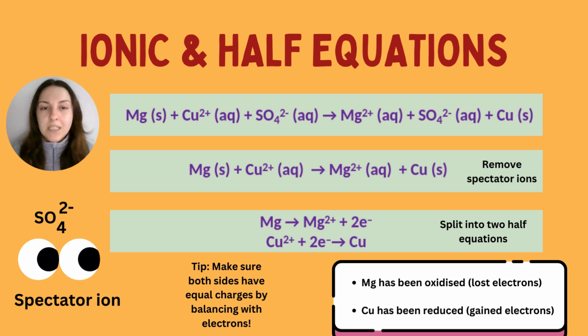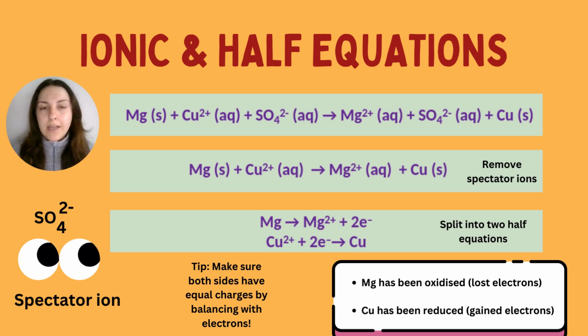As you can see, magnesium has gone to make magnesium 2+. However, we can't just leave it as magnesium 2+ because the other side is just magnesium. We need to cancel that 2+ charge out by adding 2 electrons on the same side, as I've put there. And we want to do the same with the copper half equation. So copper 2+ plus 2 electrons, those charges will now cancel out to form the copper.